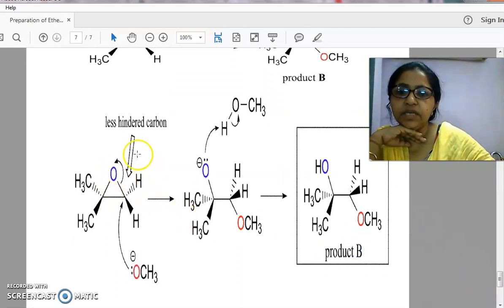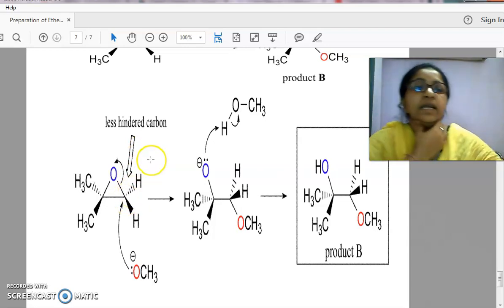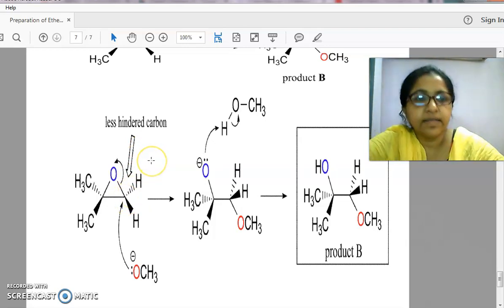Now if you see here, there is no acid, so there are two positions and these positions are different. This is less crowded, this is more crowded, so the methoxide group comes and attacks the less hindered or less crowded carbon. Less hindered means it has less opposition.